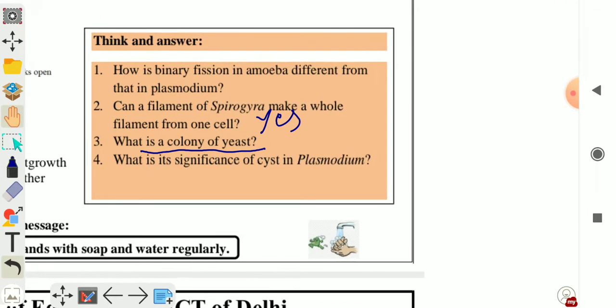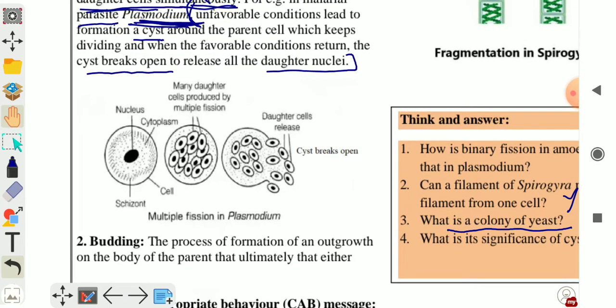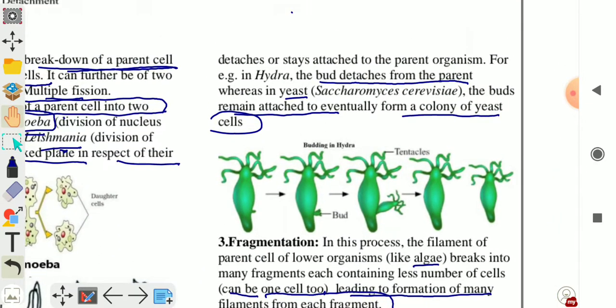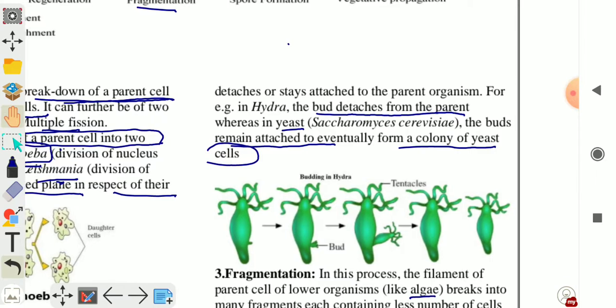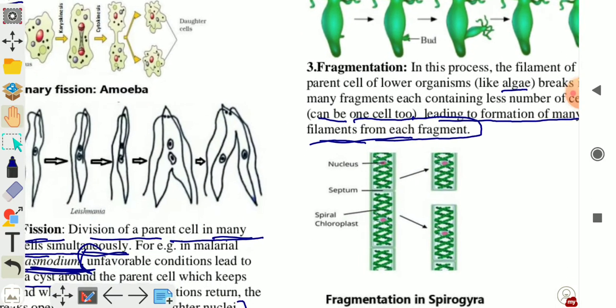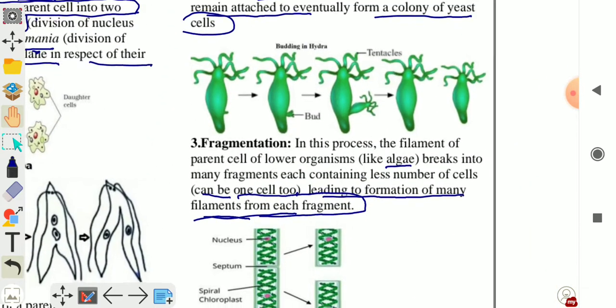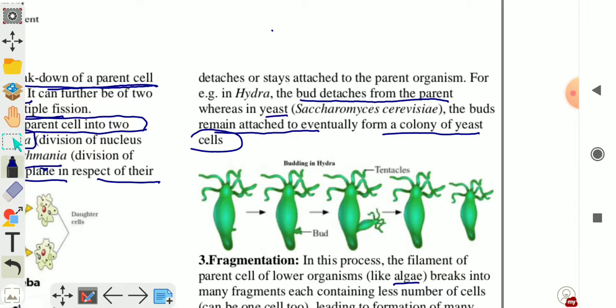So you can write the answer: the process of formation of an outgrowth on the body of the parent that stays attached to the parent organism and eventually forms a colony of yeast cells.